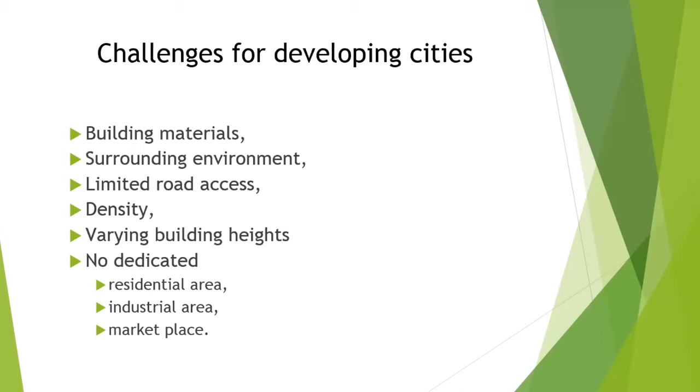For example, if there is a slum, the environment has very unique properties like cheap building materials, low access to roads, and high density. But it is very different from a well-developed area, because the concrete buildings are there, the buildings are very well defined, the roofs are very well defined, square and all those things.